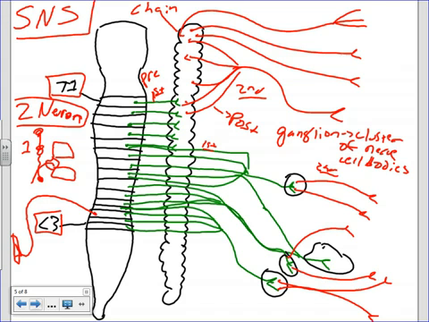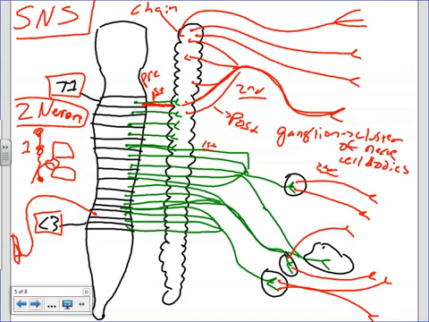One, they can travel out from the spinal cord right to the parallel ganglion along the spinal cord, as you can see here, along the sympathetic chain. So a preganglionic neuron can go right into the parallel ganglion and then activate a postganglionic nerve that branches out to a tissue somewhere.